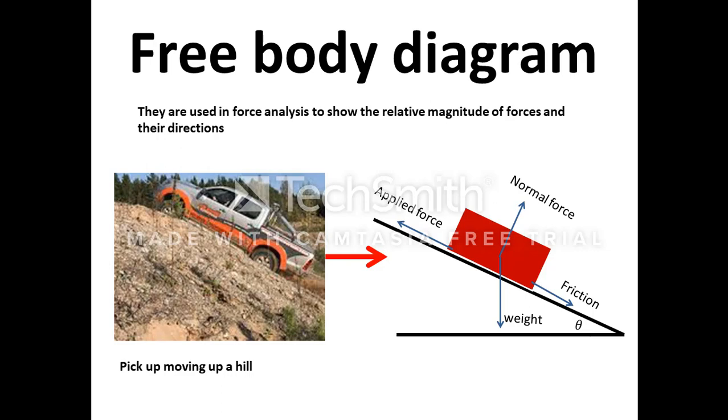In this case, we expect an applied force as a result of the motion of the pickup. There is a friction force countering the motion of the tire against the road, and there is the weight of the pickup, and of course there is a normal force, or a reaction force, as a result of the hill onto the body, and this force is what maintains the pickup onto the ground.